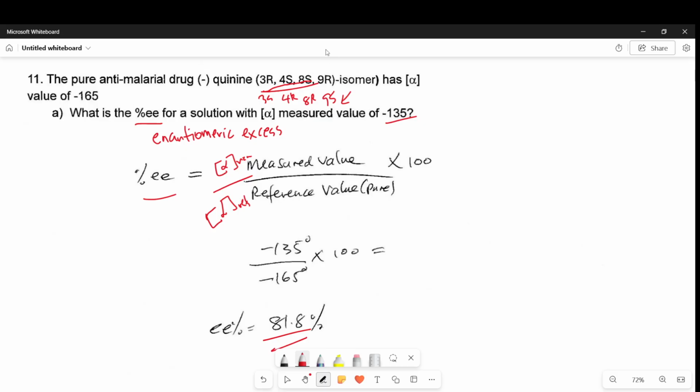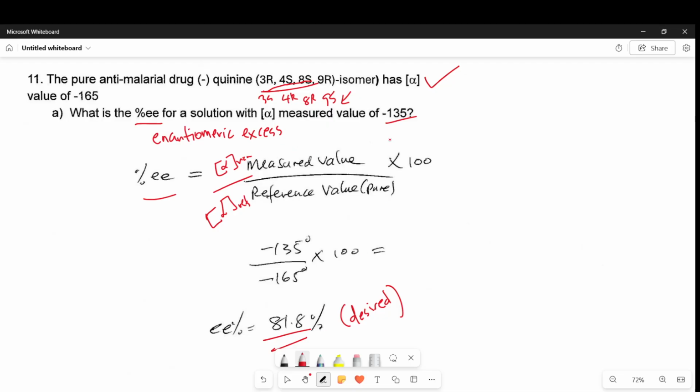So the enantiomeric excess you made is almost 81.8%. You have made a pure enantiomeric excess of the desired target. Okay, this is the desired quinine. You didn't make it 100%, but 81.8%.